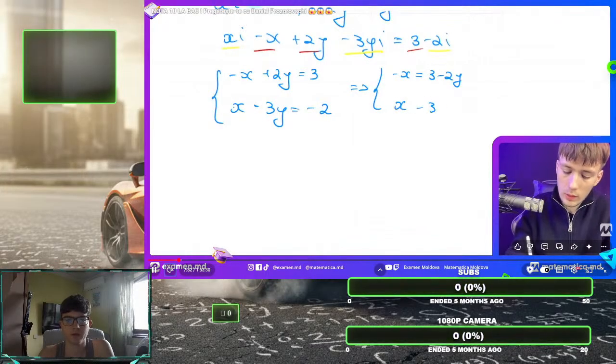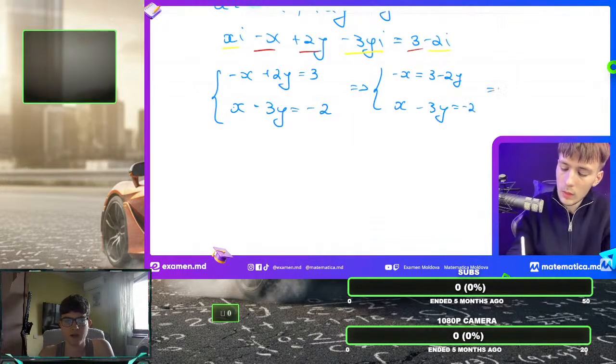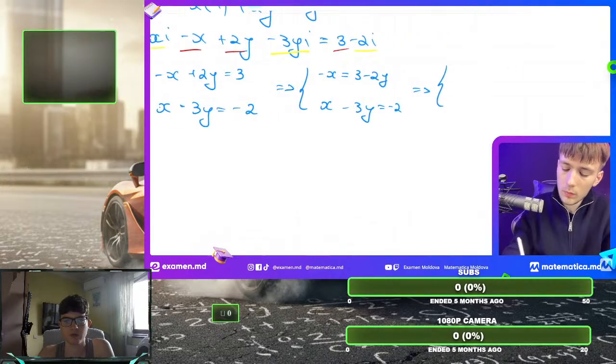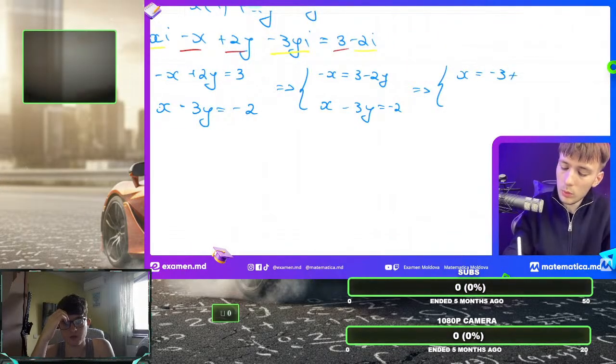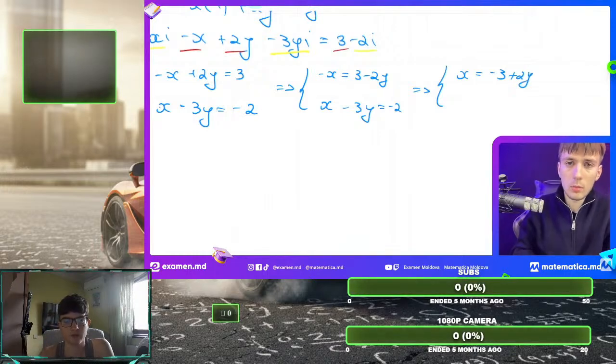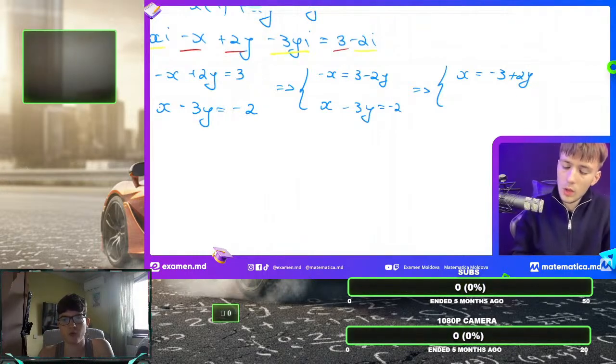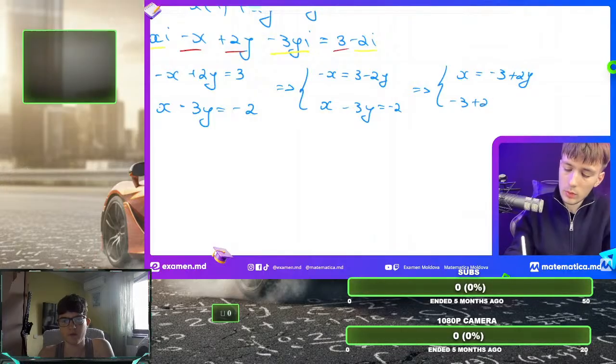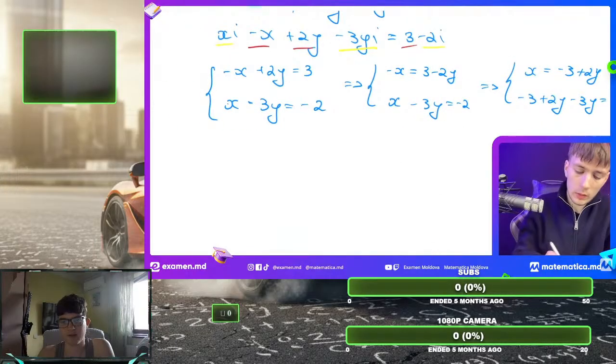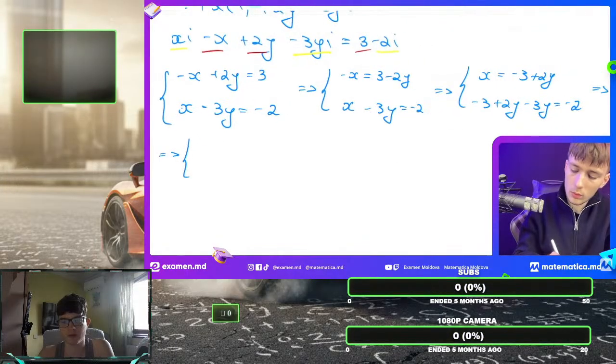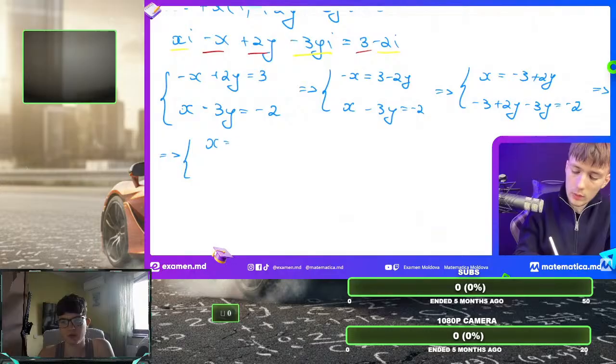Okay, so we have this, minus x is that, and now we will remove a minus in order to be more convenient, and we have received this, minus 3i, actually y, and that is minus y equal with 1, right?